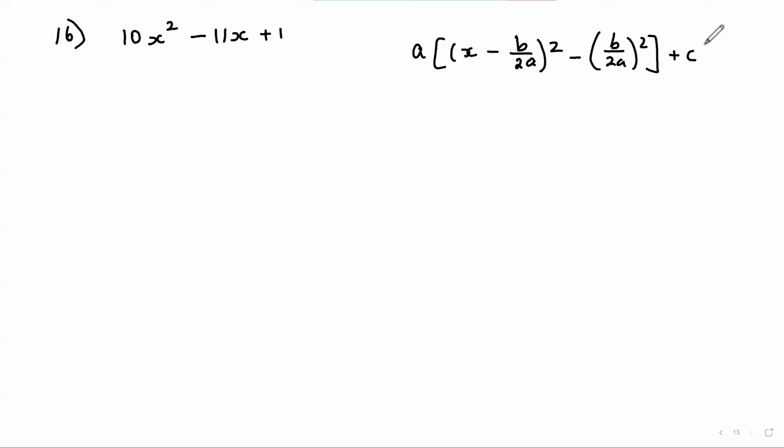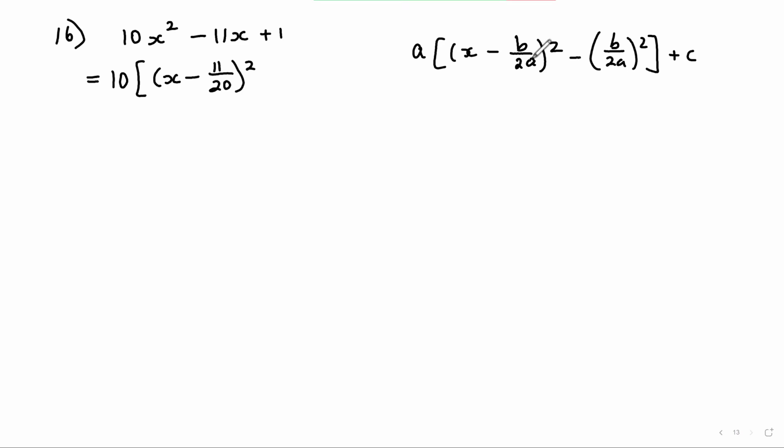All right, so tell me, what goes on the outside? So 10 open brackets x minus 11 over 20, that's right, squared, plus 1. No, you left out this part.